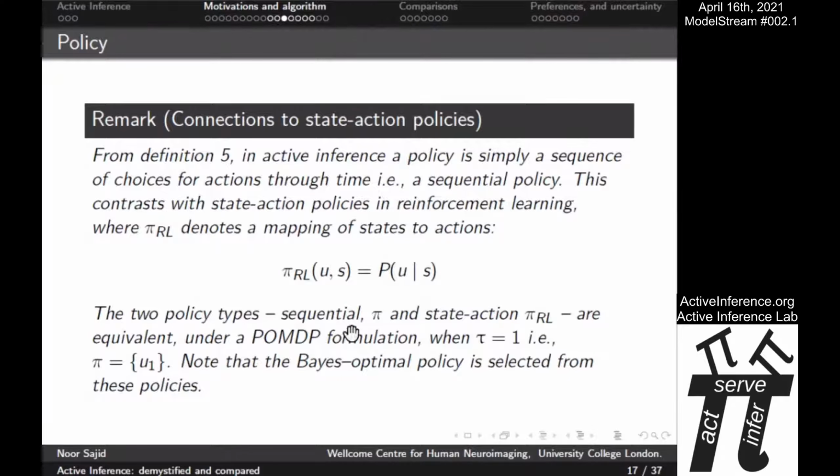So your RL policy, which takes into account the action and the state, is the probability of your action given the state. And under our POMDP formulation, the definitions of policies in RL and active inference become exactly the same when we consider the setting where tau is equal to 1, so you're only considering one step ahead.